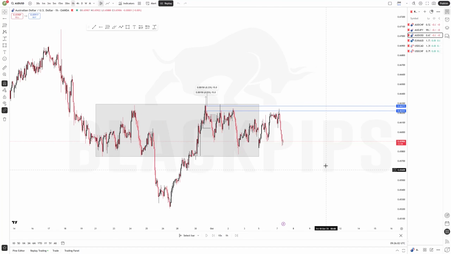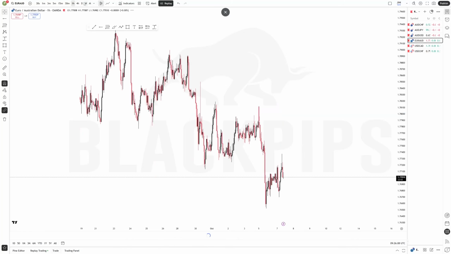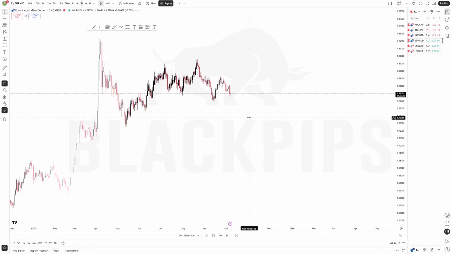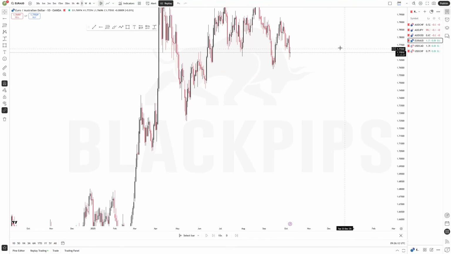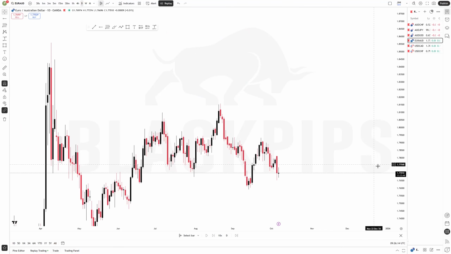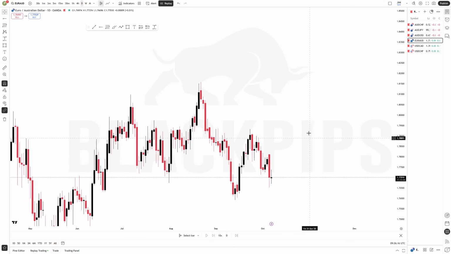Yeah. And then another pair, it was the Euro AUD, where I took one of the best buying trades, but also we took another sell on the same area.